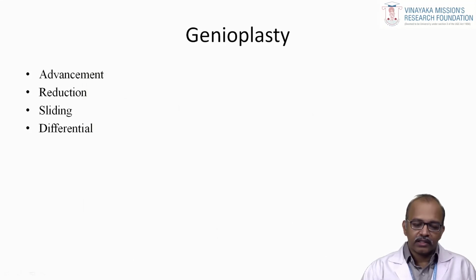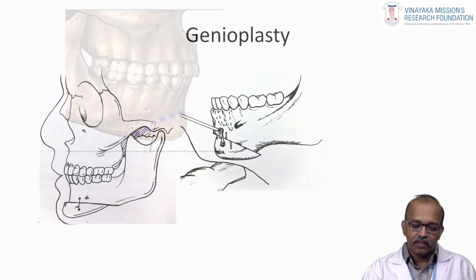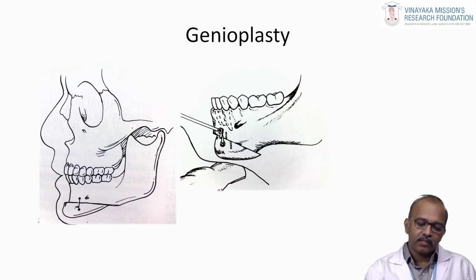Coming to the genioplasty. Genioplasty is a procedure done for advancement, reduction or sliding or differential positioning of the chin. This is usually done between the two mental foramens. So, a vestibular incision is placed and a full thickness mucoperiosteal flap is raised, and then a horizontal osteotomy cut is done from below the two mental foramens.